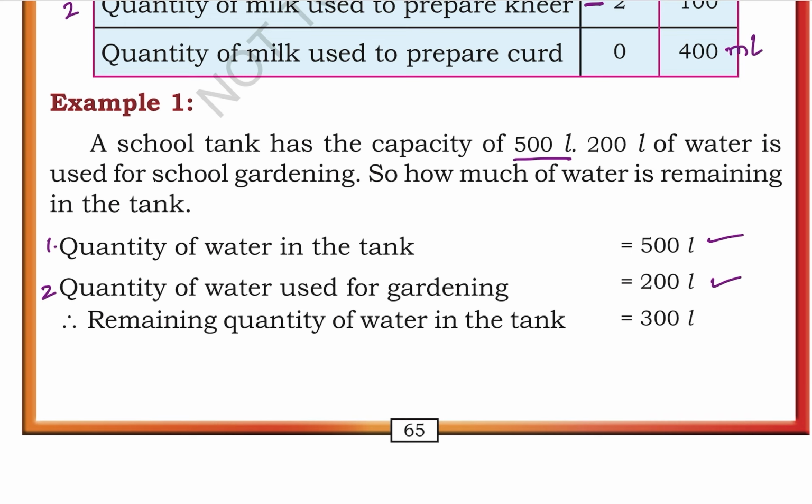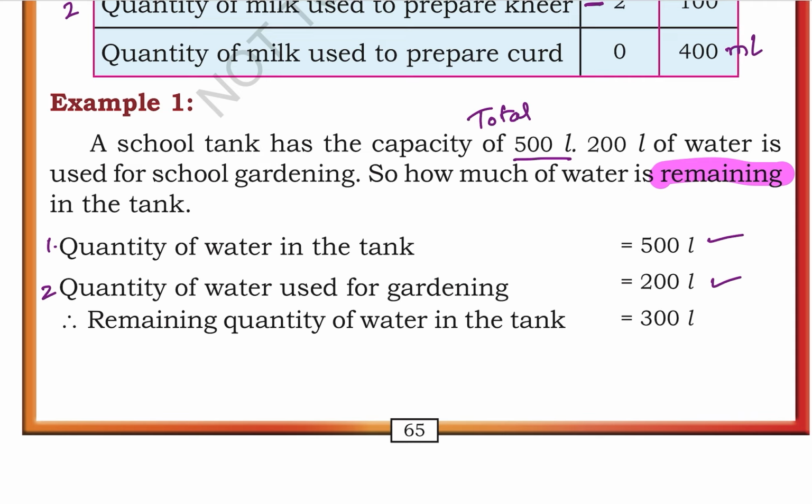If remaining comes in the question, then you go on and subtract. Not in every question is remaining mentioned, but we have to read the question and understand whether we must do addition or subtraction, because the school tank has a capacity of 500 liter, which means it is the total capacity of the tank. If the total is there in the question, then there is no question of addition. Then we have to do subtraction itself.